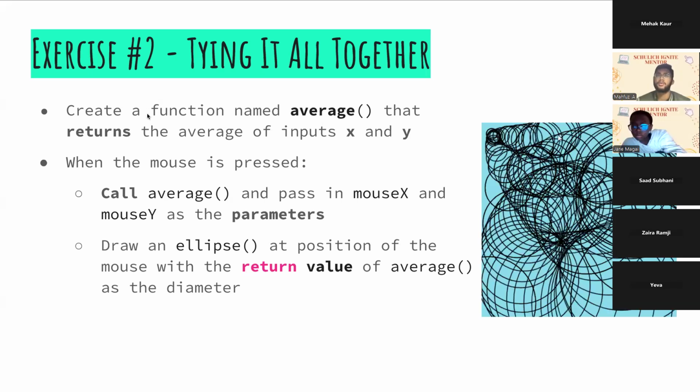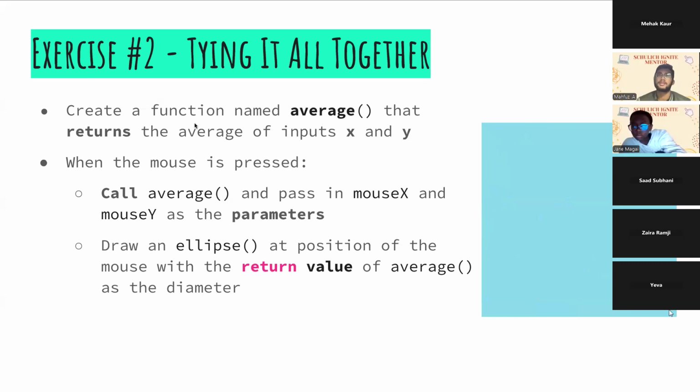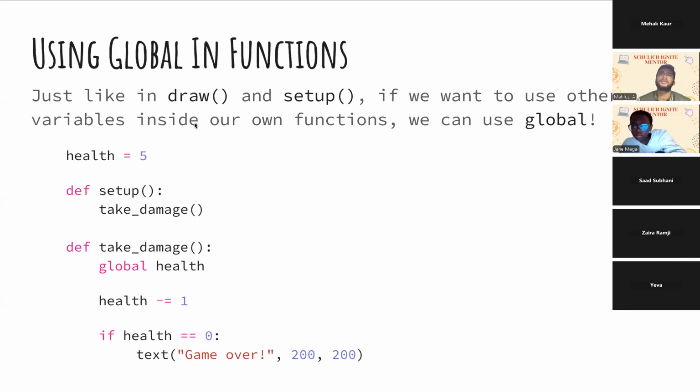Okay, so they covered the exercise slides. Awesome. So, using global in functions, just like in the draw function and setup function: if we want to use other variables inside of our own functions, we can use global variables. For example, let's say we want to change the value of the health variable that is not inside of our take damage function.